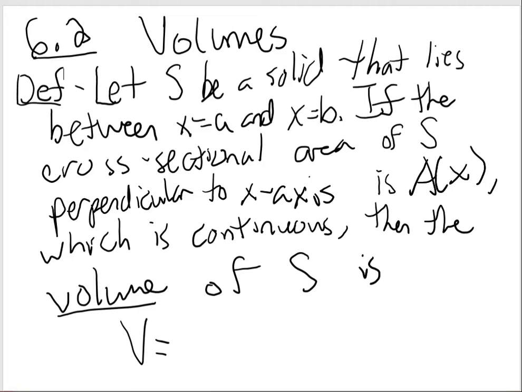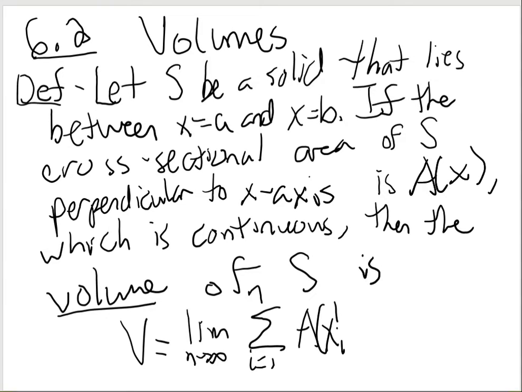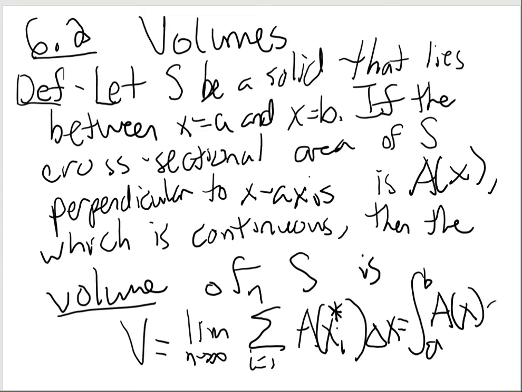So, let's take this one. We can take partial sums of A of x_i star, so that's our sample point, delta x, or the integral from a to b, A of x dx. And that is basically what we're doing with this section, is talking about this integral.